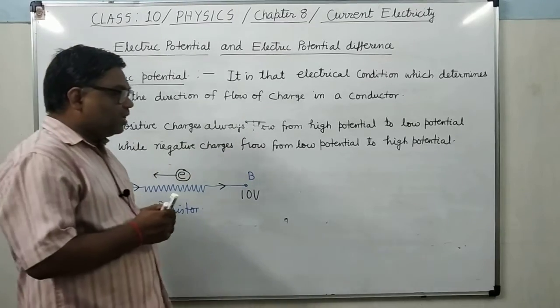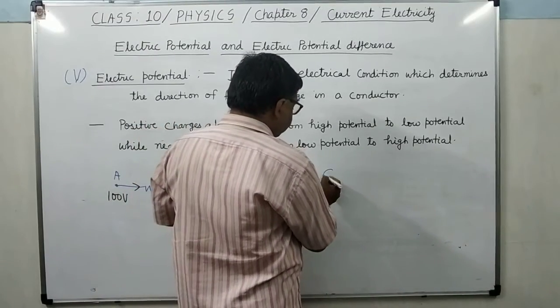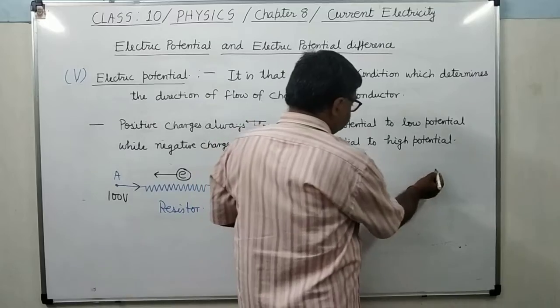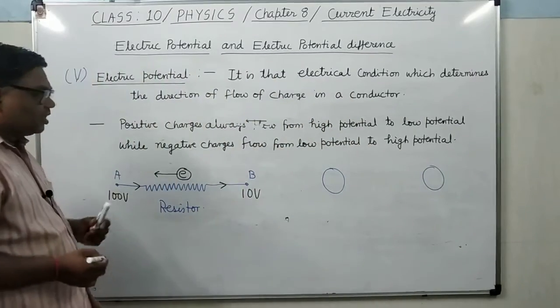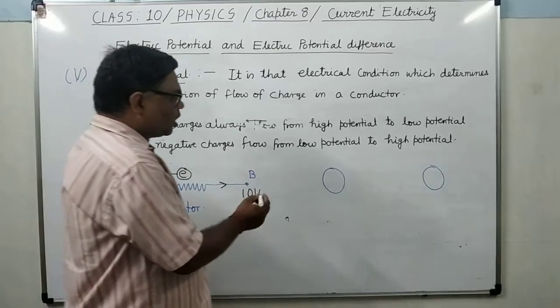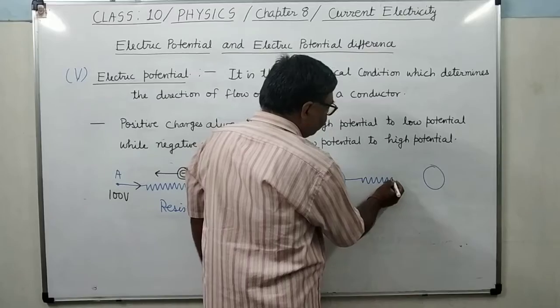Now you see another example. I have taken these two conductors. Instead of a single conducting wire, here there are two conductors and they are joined by a wire.